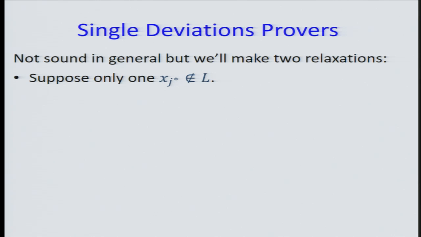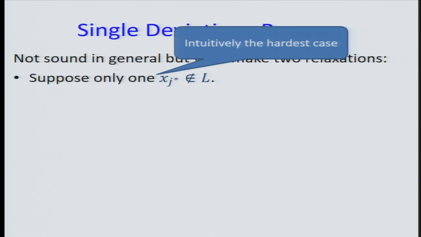The first relaxation is to assume, for soundness, that the entire input x1 up to xk is not in the k copies of the language L only because one of the inputs is not in L. All the other ones are in L. I don't know which one, but that's the situation. Intuitively, at least, this is the hardest case. In particular, if the verifier chose at random and just checked one, then he likely wouldn't catch that.